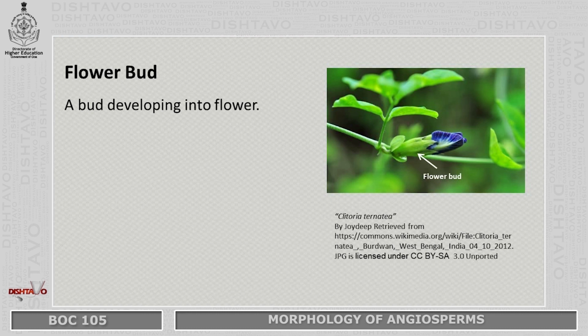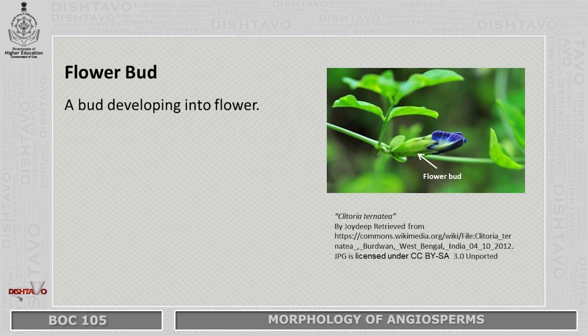To summarize this topic, I would like to quickly go through the types of buds. As you have learned, a bud is a small embryonic shoot which is covered by small leafy scales. Buds can be classified into different types based on the position on the stem or based on their function, or what it modifies into, whether shoot or flower.